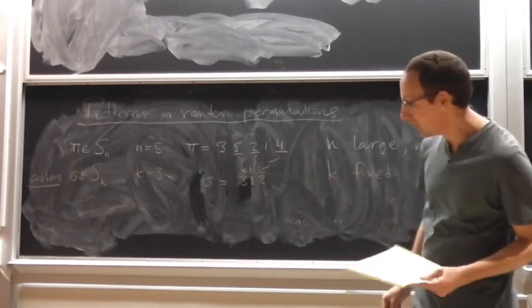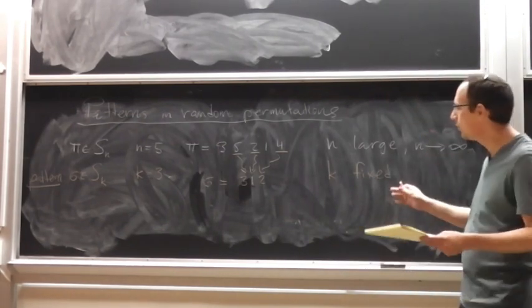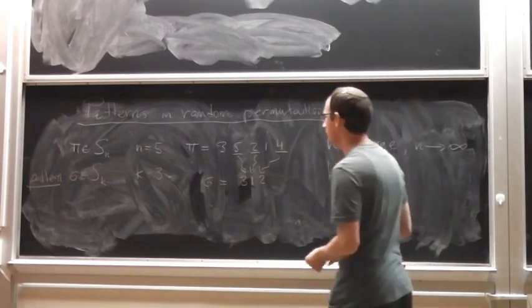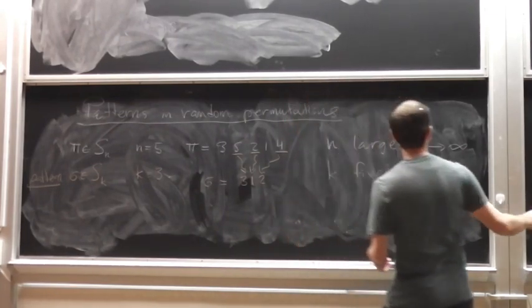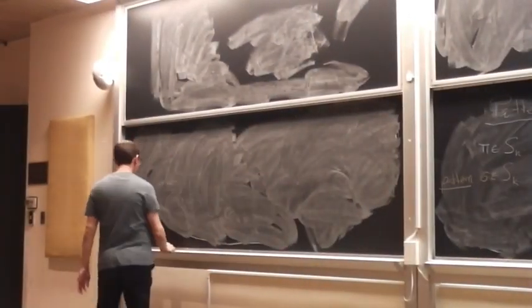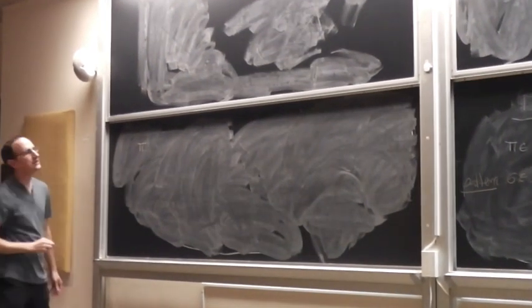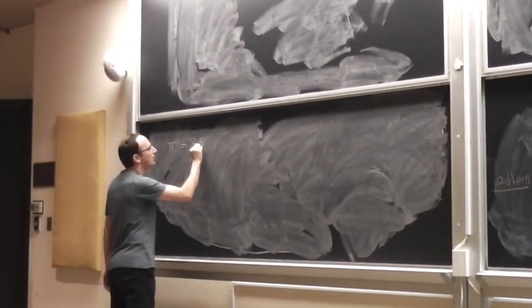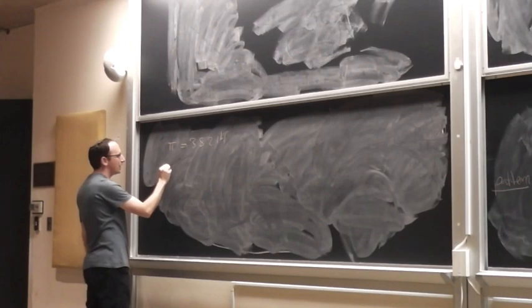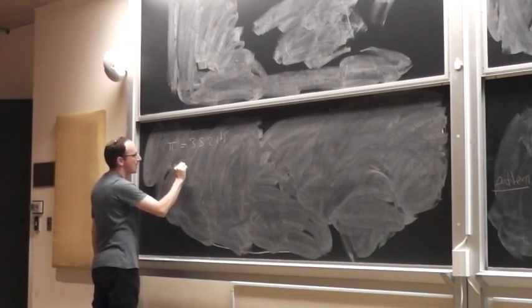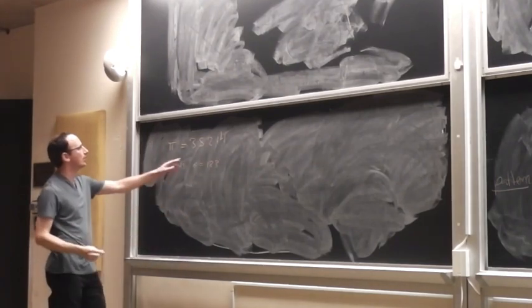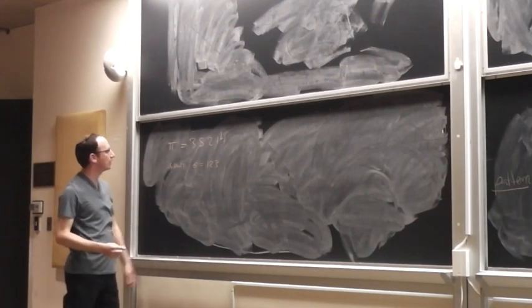So when we have such a permutation, we can look at all occurrences of patterns that we can find in it, and try to see how many we have of each type. For example, in this permutation, 3, 5, 2, 1, 4, we can see that it avoids the pattern 1, 2, 3, because you can never find 3 entries that are ordered this way.